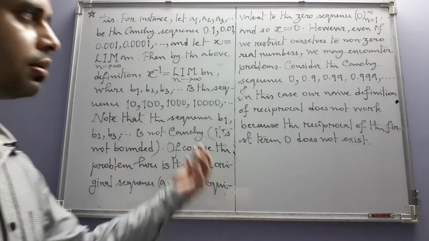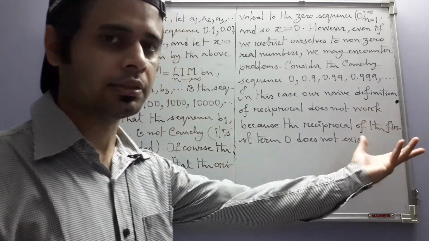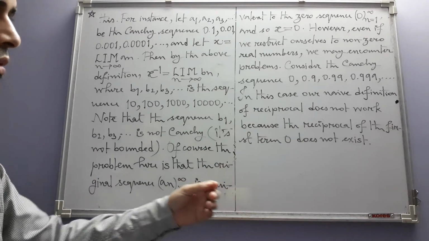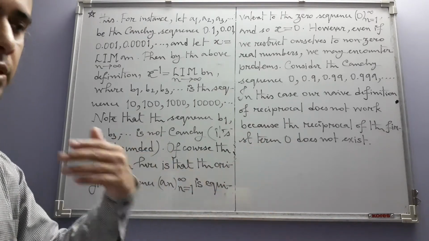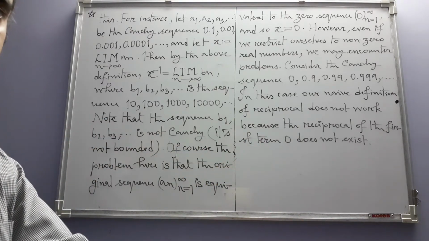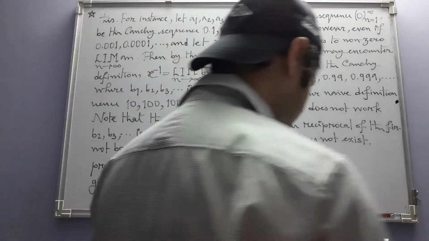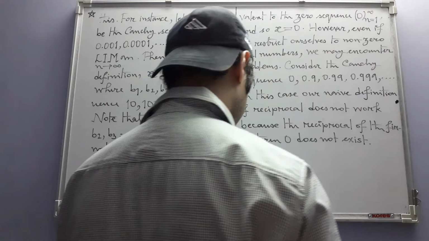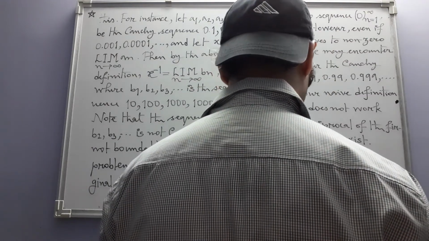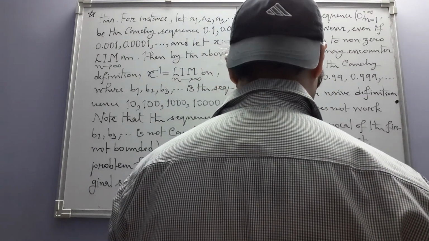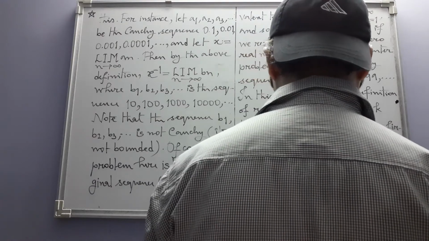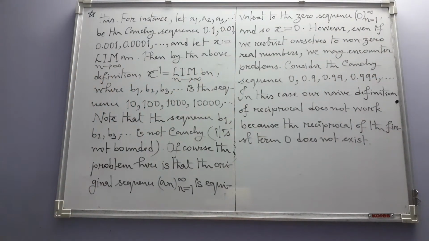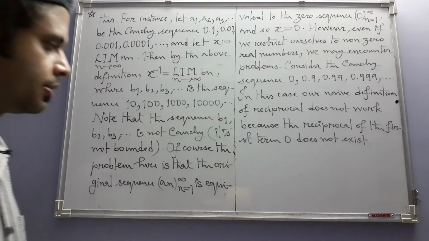If someone wants to use that sequence in our naive definition of reciprocal, then they cannot get rid of zeros because there are infinitely many 0 terms. So what to do? The way around this is a new definition.